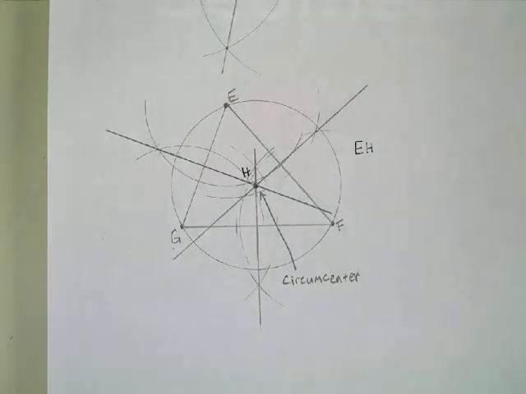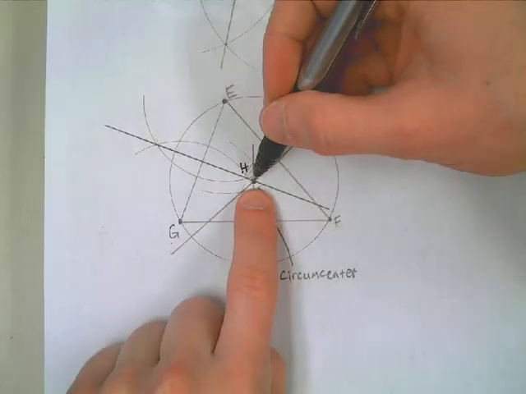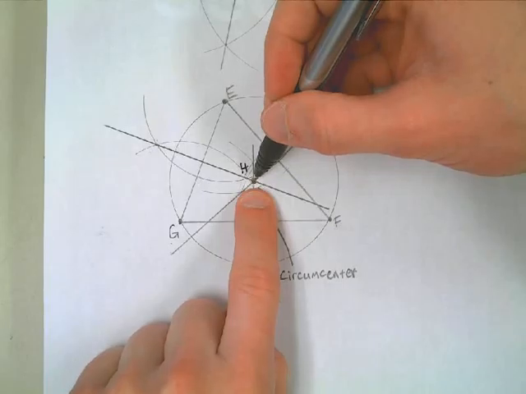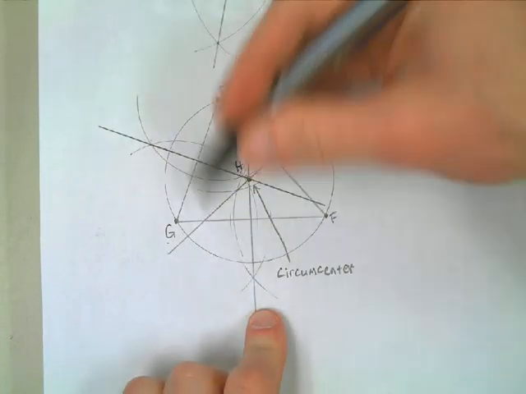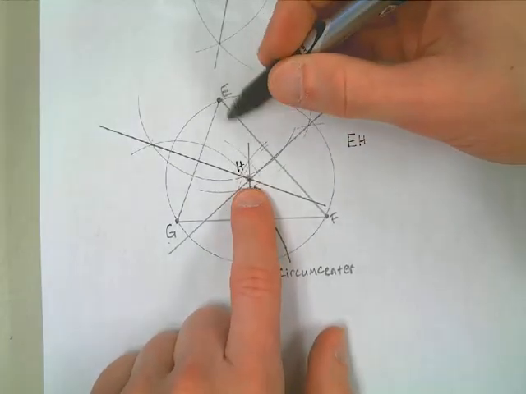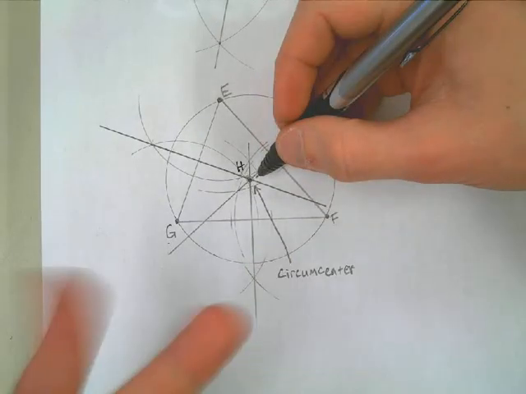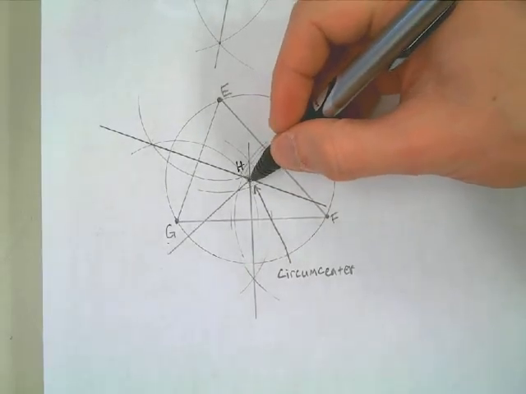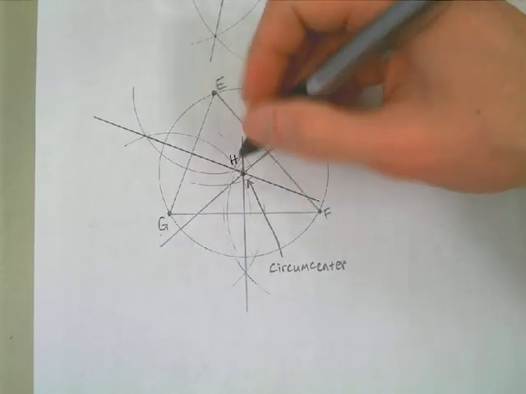Why? The center of the circle, but it's also the center of the triangle. Right, okay, so it's the center of the circle here. Okay, H is the center of the circle. If E and G and F are all on that circle, well, if H is the center, that means the distance from H to E is going to be the same as the H to G distance as the H to F distance. What do you call that distance from the center of the circle to a point on the circle? Yeah, it's a radius, okay? So EH is a radius, GH is a radius, HF is a radius.